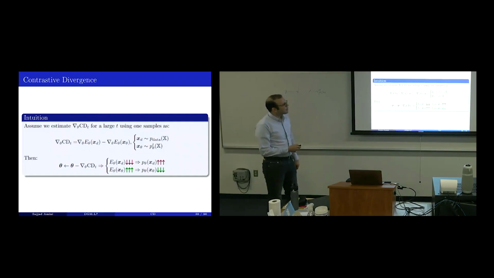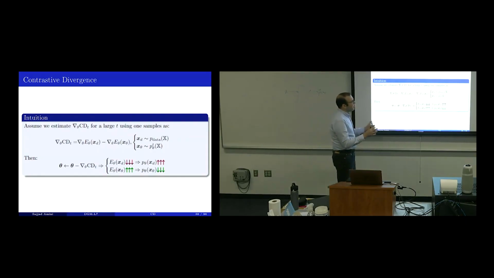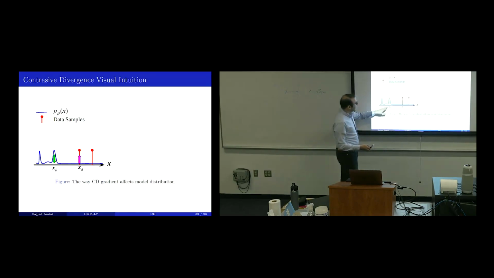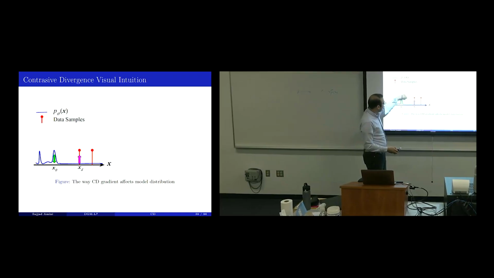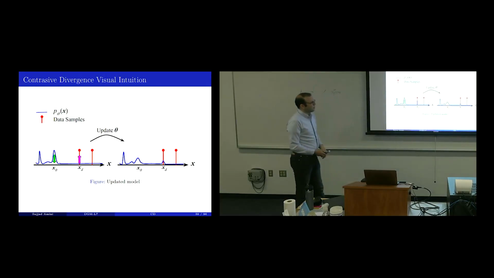And we see that this type of loss function has some intuition toward preserving the area under the curve. It means that you increase the density in places where you have training samples, and also decrease it in other parts of your model distribution at that iteration.